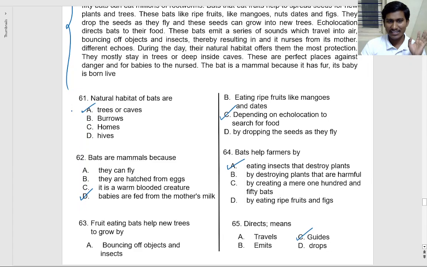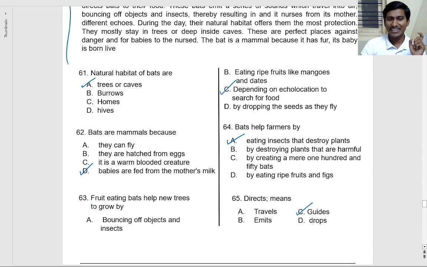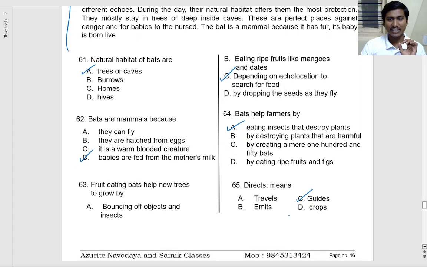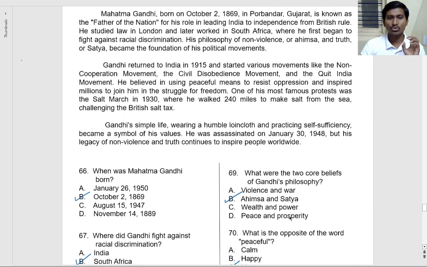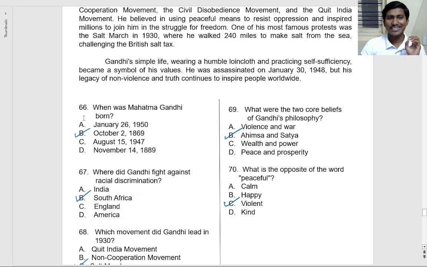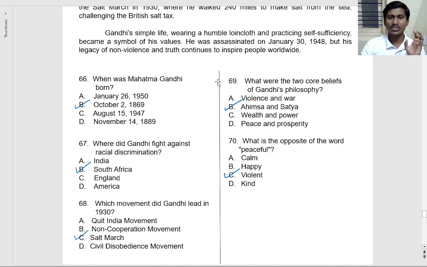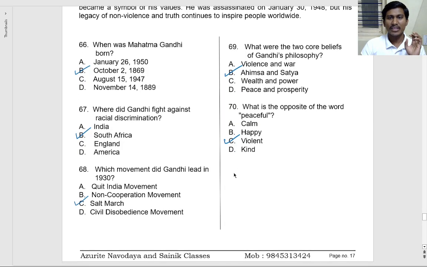These are easy answers. So 62 answer is D, 63 is C, 64 is A, 65 is C, okay? So one passage is completed. Next passage now: 66 is B, 67 is B, 68 is C option, 69 is B option, 70 is C option, okay? So passage 3 now.